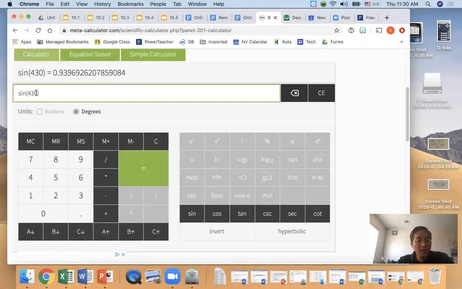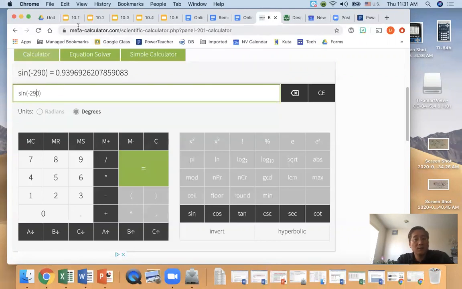How about the negative? Negative 290 degrees. Is it correct? Yes, it's the same. Sine negative 290 degrees has the same value as sine 70 and sine 430. Likewise, if you try all the other coterminal angles, the sine value will be the same. If you do cosine or tangent, same thing.